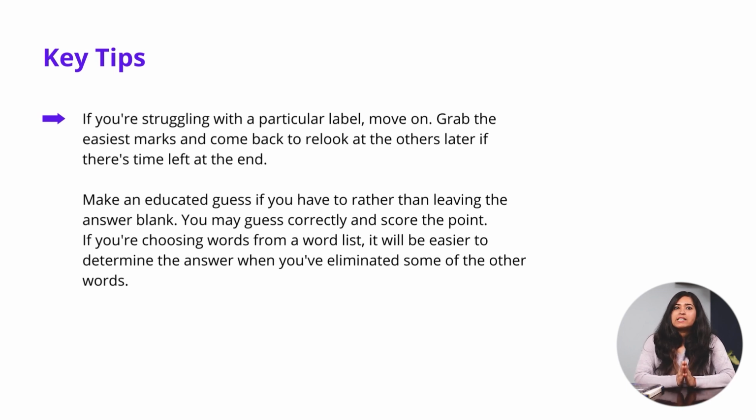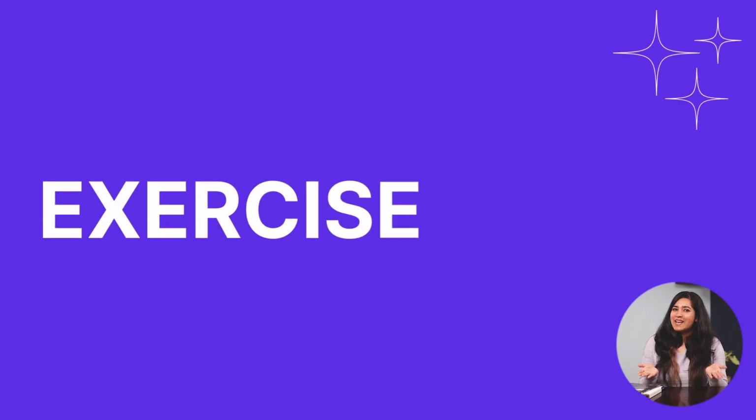Grab the easiest marks and come back to relook at the others later if there's time left at the end. Also, make an educated guess if you have to, rather than leaving the answer blank. You may guess correctly and score the point. If you're choosing words from a word list, it will be easier to determine the answer when you've eliminated some of the other words. All right, it's time for an exercise.